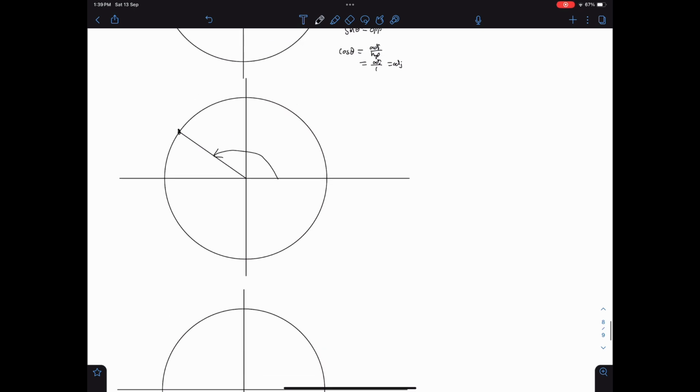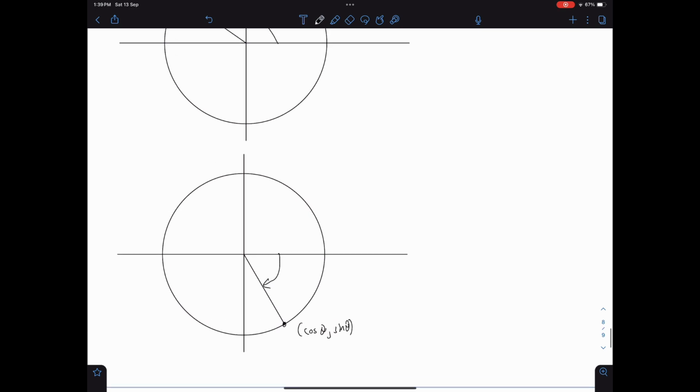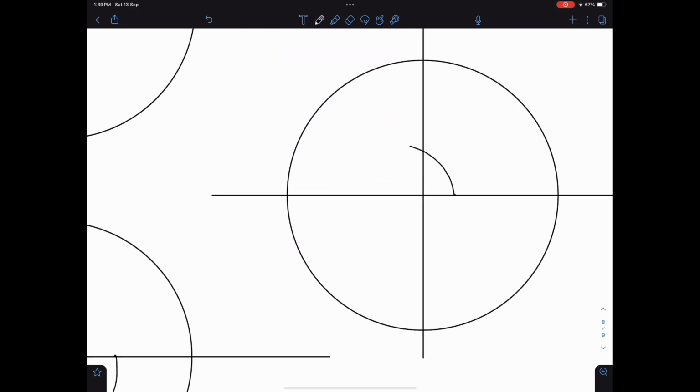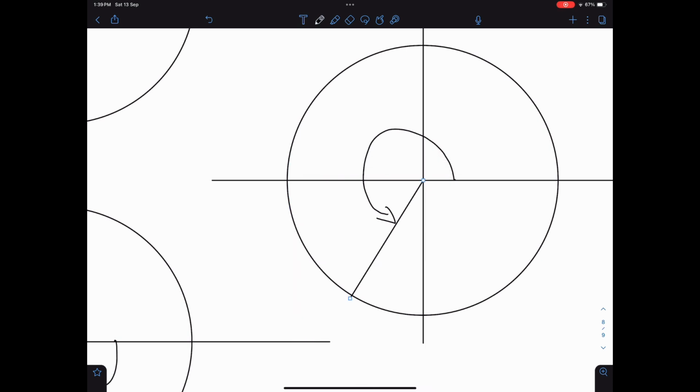Anti-clockwise rotations give positive angles, but I could also do a clockwise rotation giving me a negative angle, and that would still give me cosine theta, sine theta. Then up here, I could even go all the way along like this. It would still give me that point of intersection here, which would still give me cosine of that theta and sine of that theta.